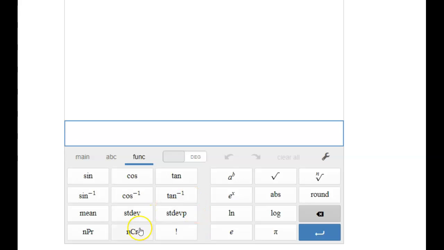All calculators will have this, but it's this nCr. If I want to do 30 choose 1, then you get 30. If you do 30 choose 5, you get 142,506. So it's something that your calculator calculates.